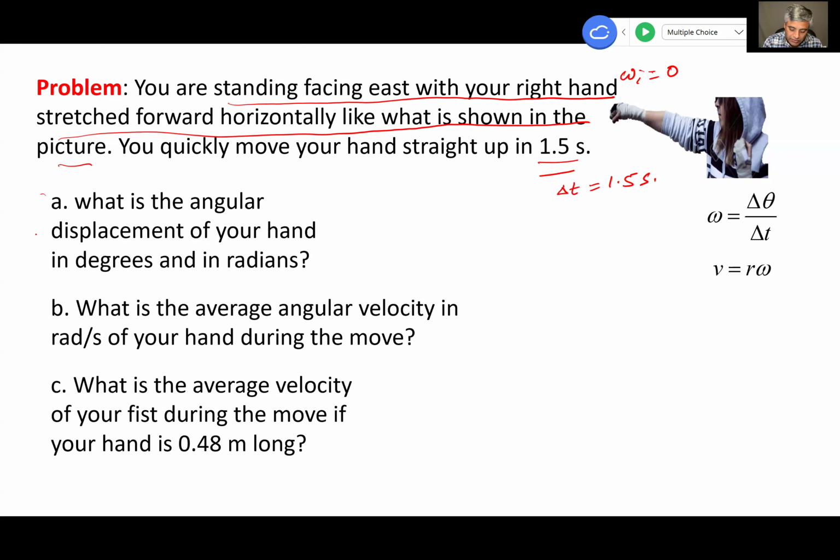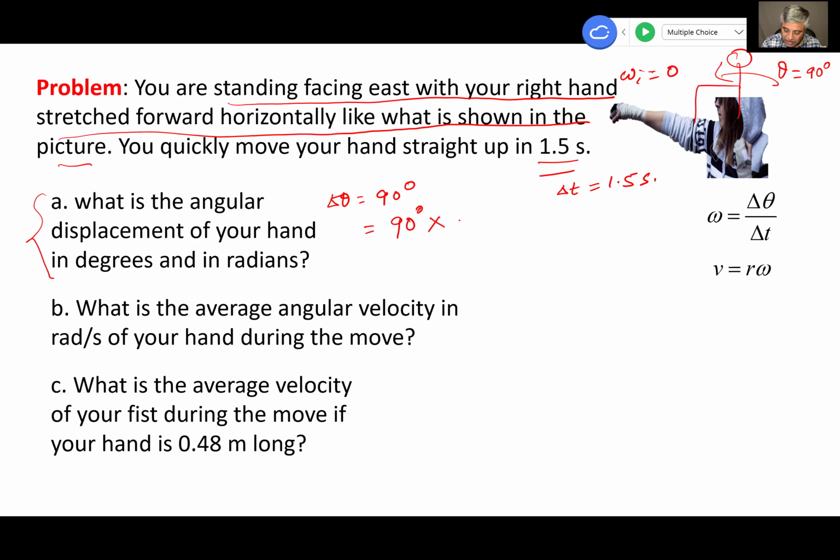Now it says, what is the angular displacement of your hand in degrees and in radians? You go from here to here, so theta is 90 degrees. The angular displacement is 90 degrees. How do I convert degrees into radians? I can do this with 90 degrees.